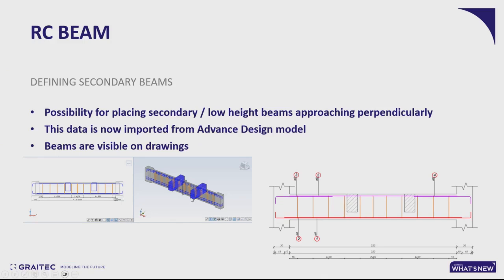So this will appear in both your 3D model, in the RC concrete module, and as well in the drawings. So also we have two options here to define those kind of secondary beams. You can either manually add them in the design modules, or as well they can be imported from your model from advanced design.